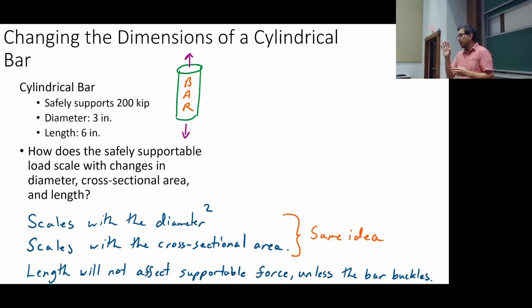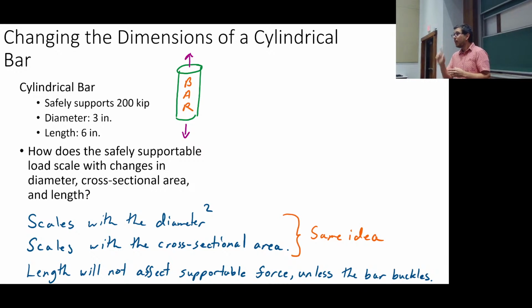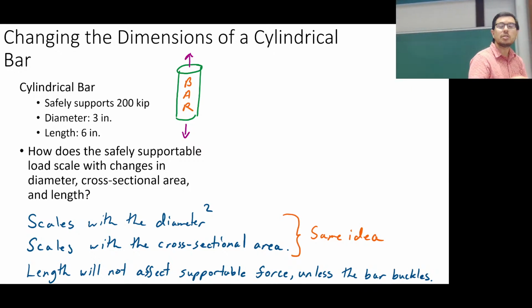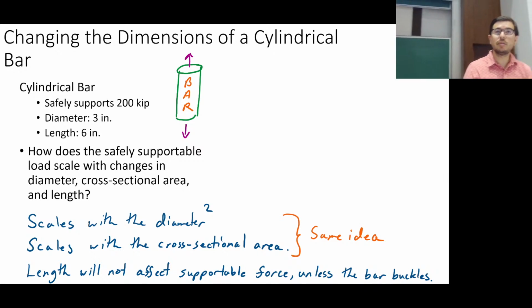But why it fails is not because we've exceeded the strength. It's because we've exceeded the structural properties and it bows out, not because we've exceeded the material property. So if we ignore buckling, length will not affect how much force a bar can support.